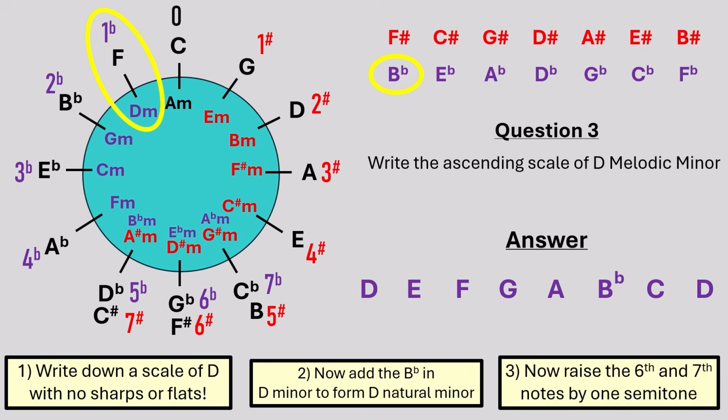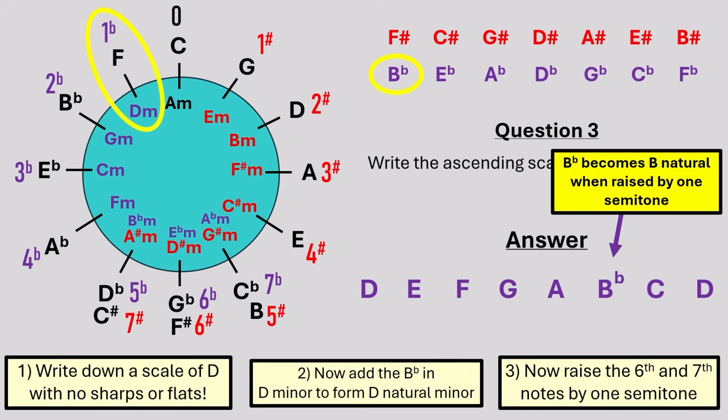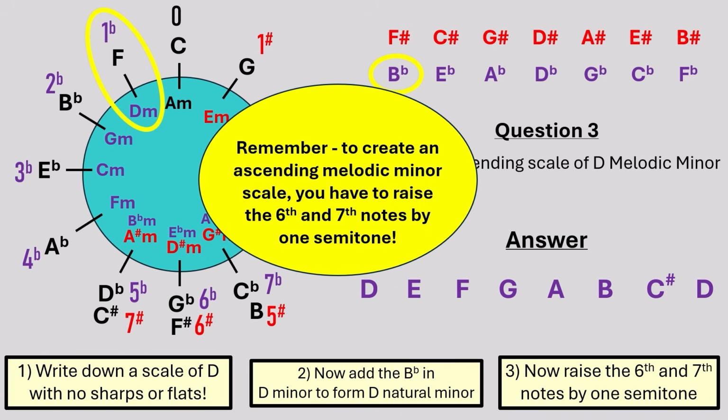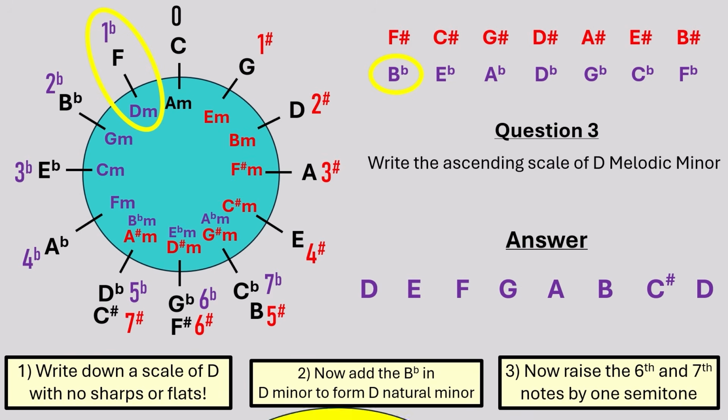And now you've got to raise the 6th and 7th notes by one semitone. When we raise the 6th note, the B flat becomes B natural, so we can erase the flat. Then we need to raise the C to C sharp. Remember, to create an ascending melodic minor scale, you have to raise the 6th and 7th notes by one semitone.